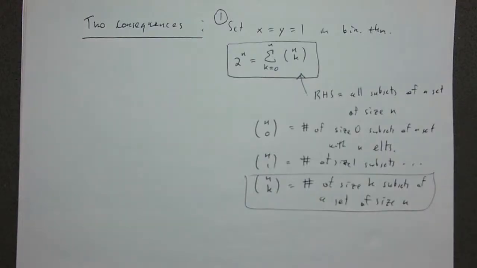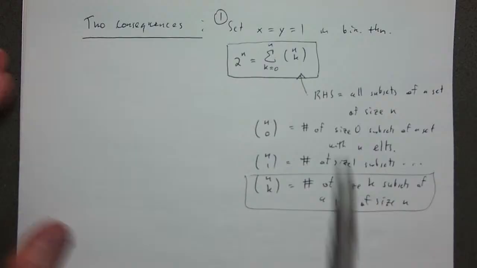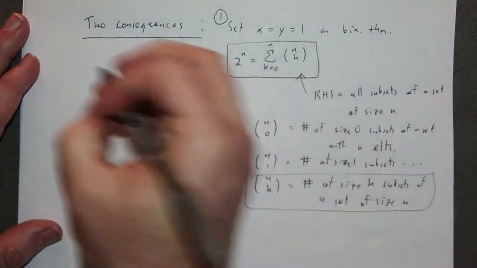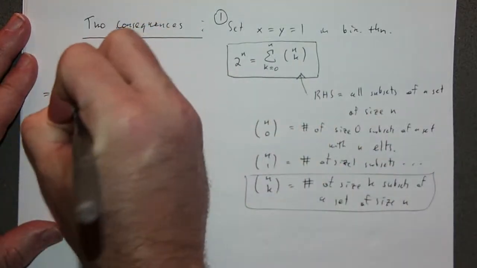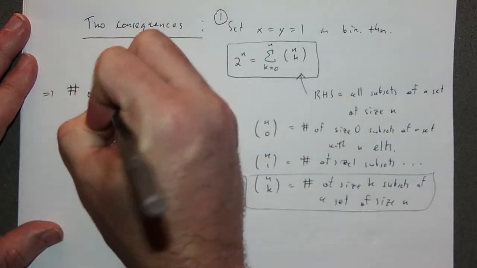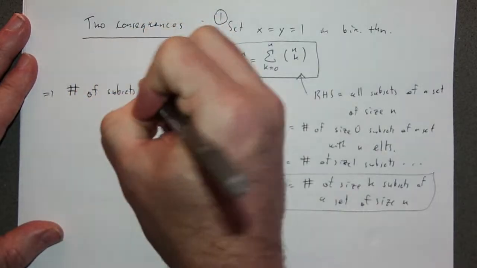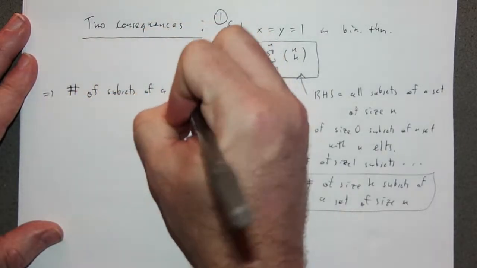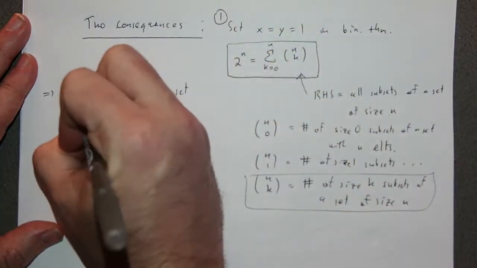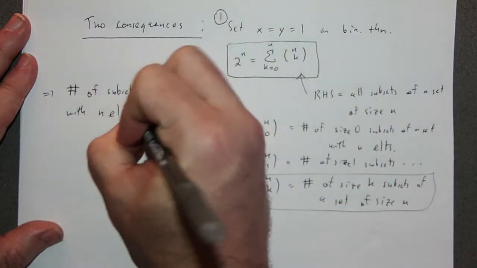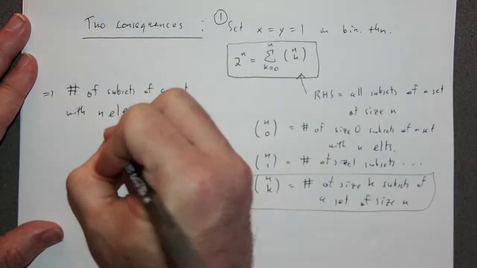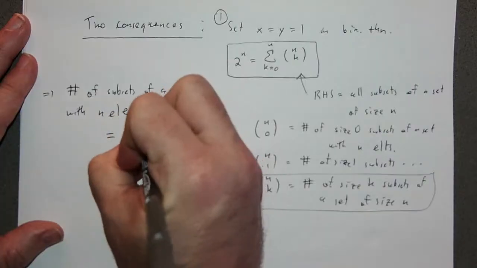Of course, there's exactly one way to choose n elements from a set of size n, right? So what this says is that the number of subsets of a set with n elements is 2 to the n.